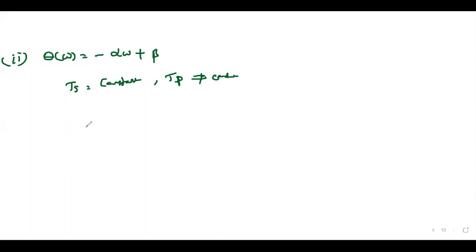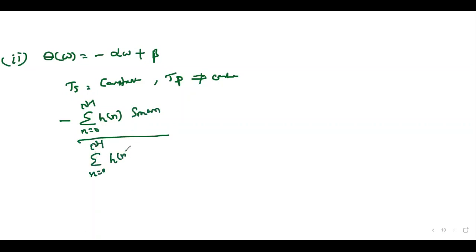In this case, we got previously summation n is equal to 0 to n minus 1 h of n sin omega n divided by summation n is equal to 0 to n minus 1 h of n cos omega n. This is equal to sin theta of omega divided by cos theta of omega, right now, after cancelling the magnitudes.